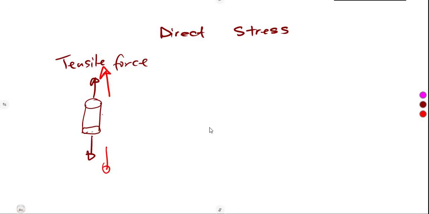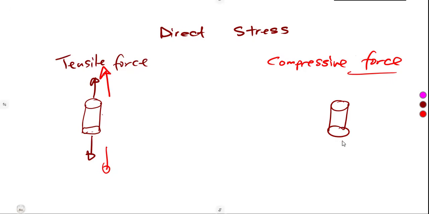Then we also consider the compressive, where a compressive force is being applied, which then makes the body shorter in terms of size. Because in this case, we are pushing towards the center.